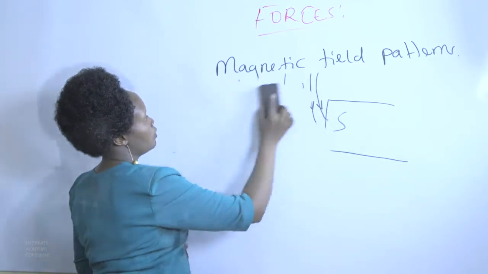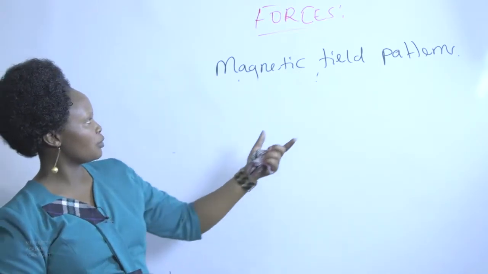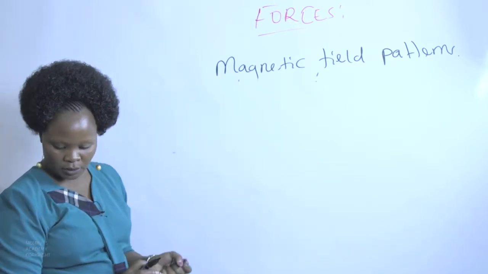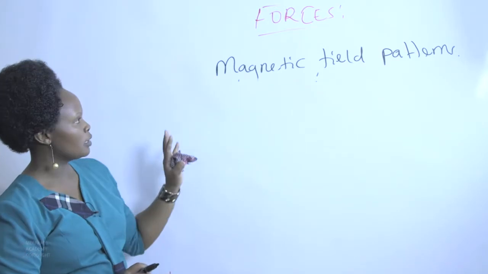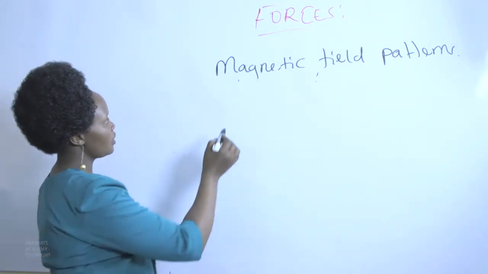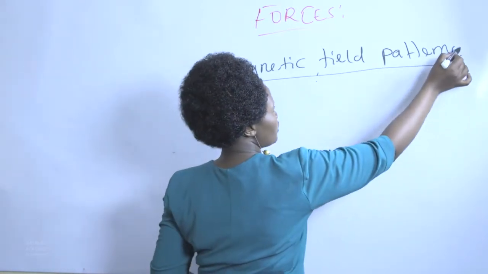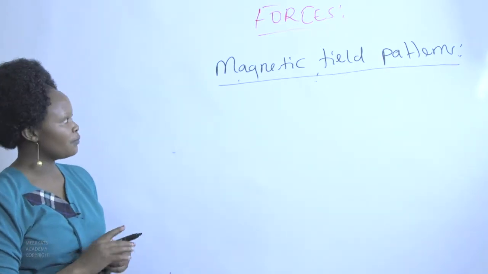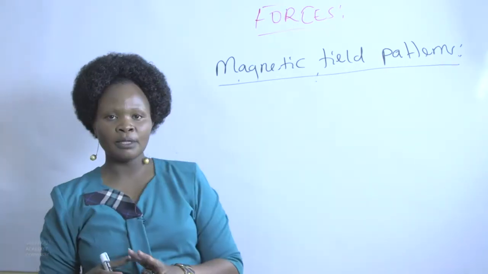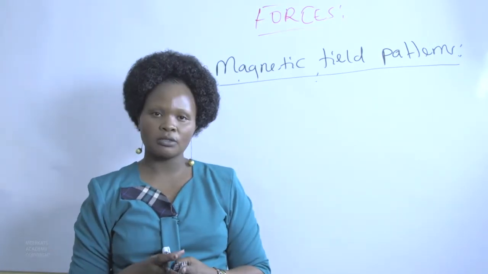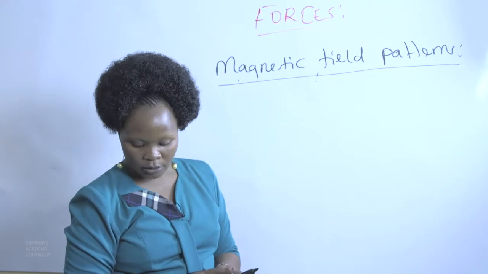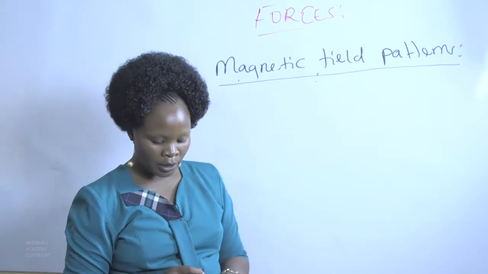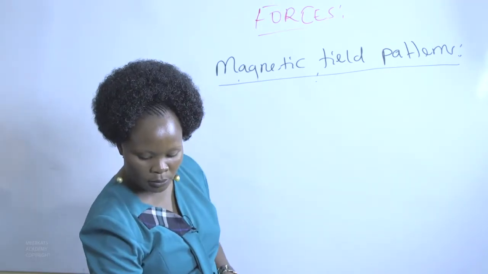Now that one was one example of a field force that we have just looked at, and we have seen that there are patterns that will result from the different poles that can be brought together as they interact. Now, is it every material that you bring close to a magnet that is going to be attracted? You can try a set of materials. For example, you can work with your pen.